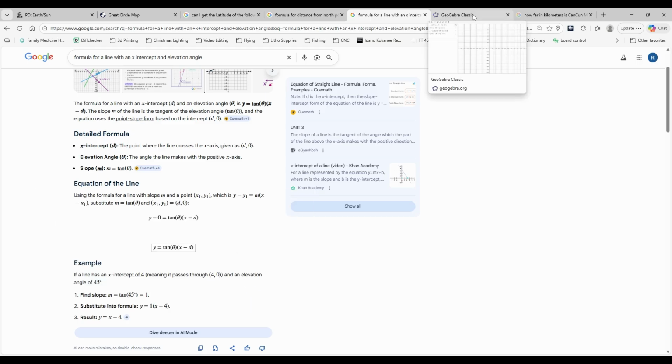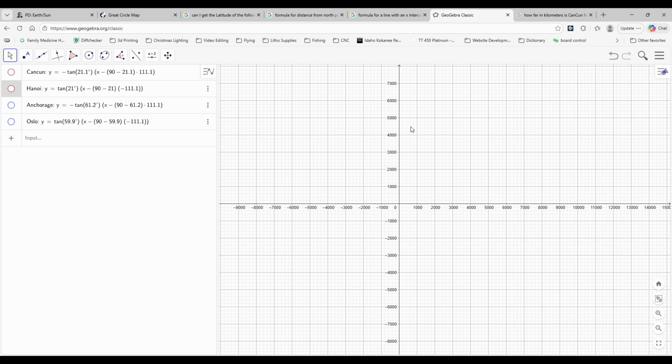So with that information, let's plug that information into a graphing program and see what it shows. Here's Cancun. You can see it's drawn the line up over there to the angle. I've got negative tan times x minus 90 minus 21, which is the degrees, times 111.1, converting it to kilometers, gives us this nice line.